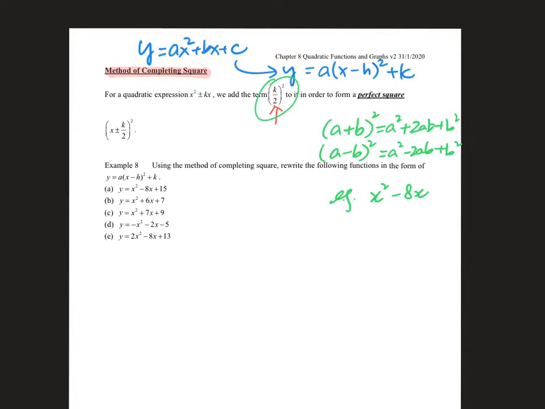In order to make a bracket square, because it is required in the vertex form, you need to add something in order to make it a perfect square. That is the b square term. So you need to fit in the minus 8x and minus 2ab in your function so that you can write it as a completing square.